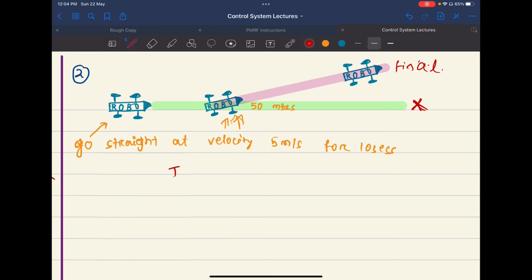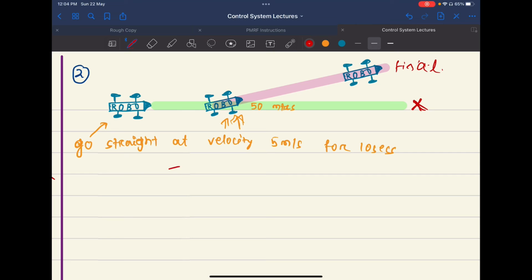Suppose in this example as well, let's draw a block diagram. This is my gas pedal, and this is my velocity output. This is my car, and the input is the gas pedal position.